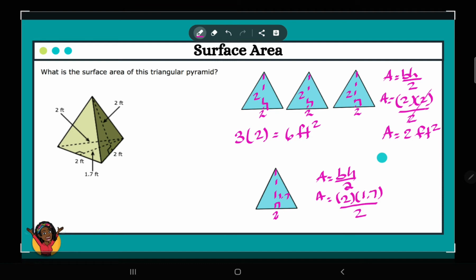Similar to the previous calculation, I can cancel out those 2. It's the same thing if I multiplied first and then divided, and that would give me 1.7 feet squared. So now we can go ahead and add these all up. We have 6 plus 1.7 for a total of 7.7 feet squared.